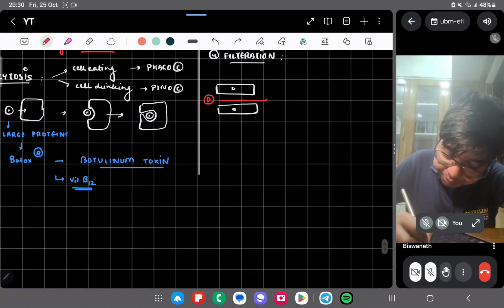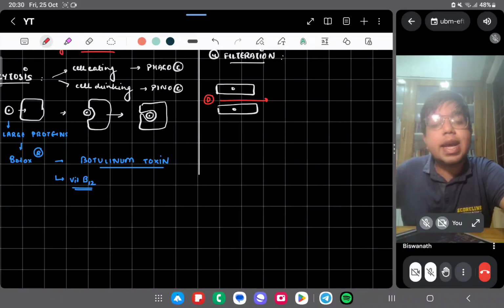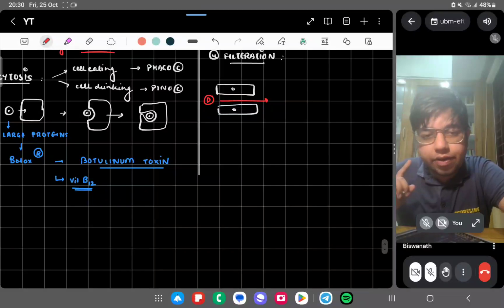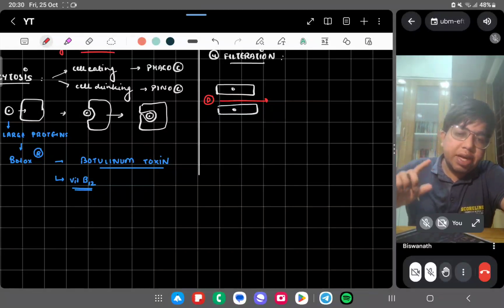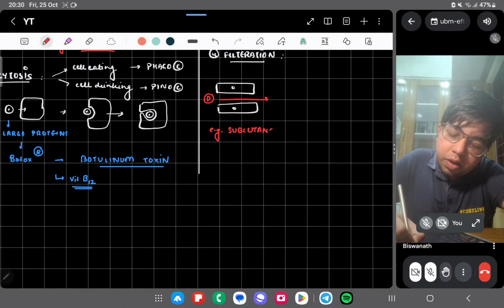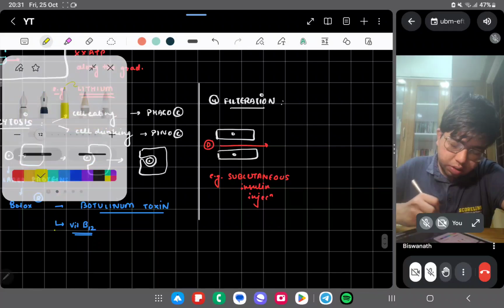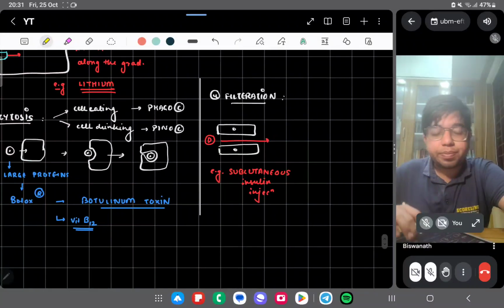What type of drugs can use this? We have a very important example: subcutaneous insulin injection. We'll learn about insulin when we move to the endocrine chapter.